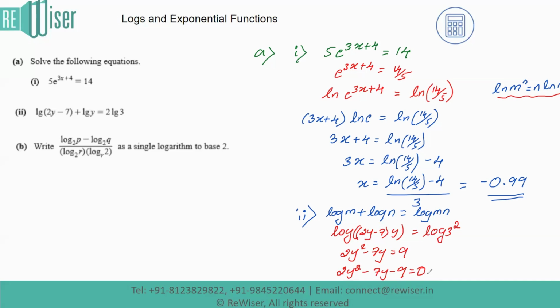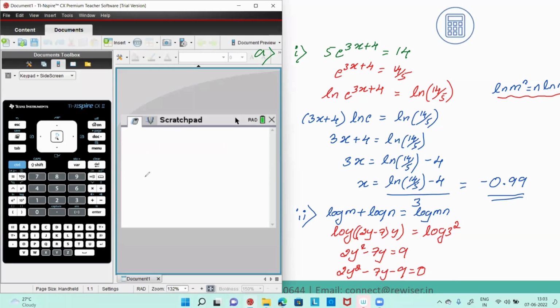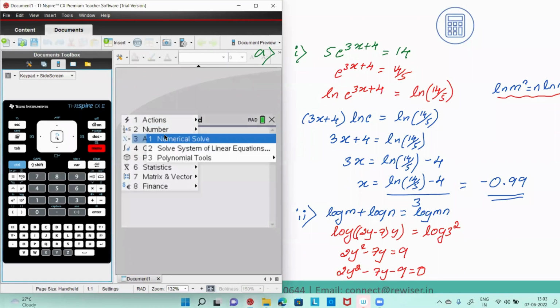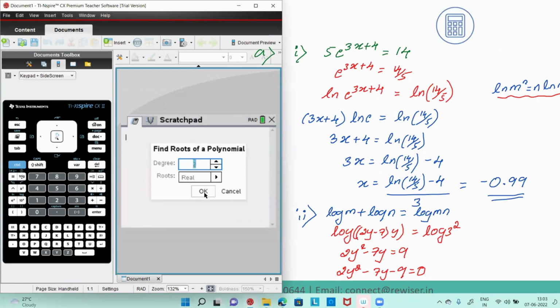From here, if I think about solving for y, since we can use the calculator, we can directly solve for y using the calculator. On the calculator, we go to quadratic polynomials, which is polynomial tools, finding the real roots of a quadratic polynomial.